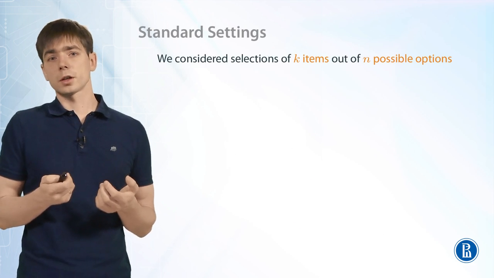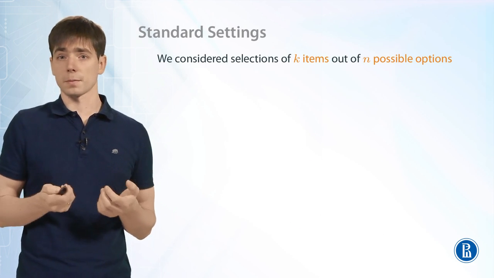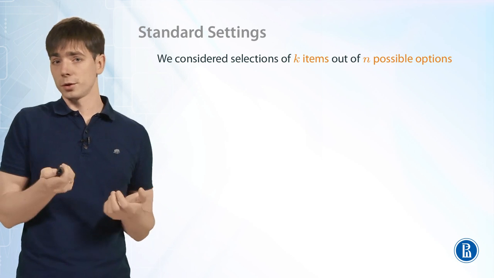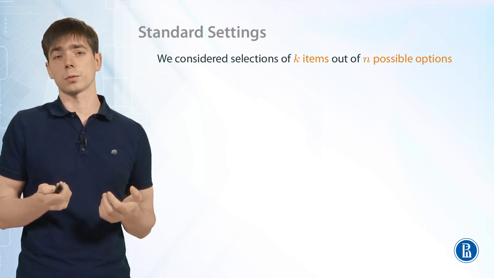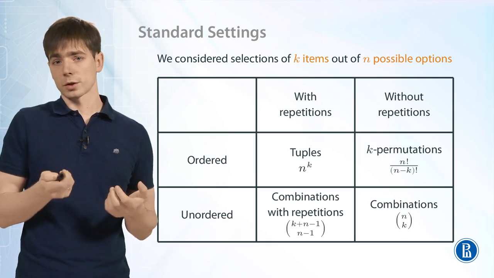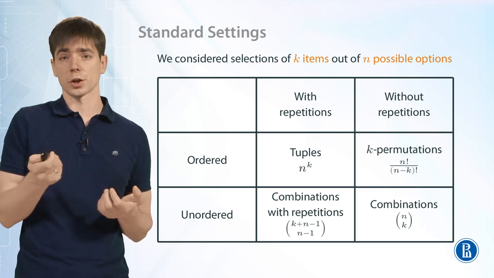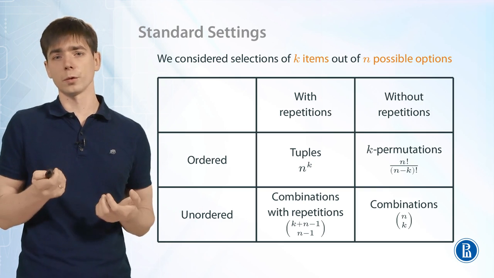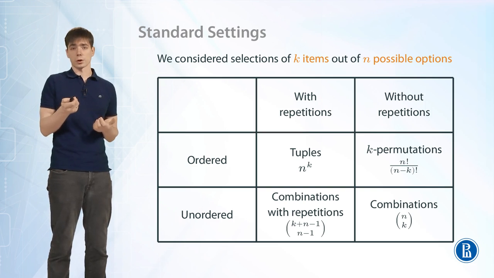Okay, now let's get back to the table we had in the beginning of this lesson. We can consider different variations of selections of k items out of n possible options. There are ordered and unordered selections. There are selections with repetitions and without repetitions. Let's briefly review them. Ordered selections with repetitions are just tuples. There are n to the k of them. Next, ordered selections without repetitions are k-permutations.